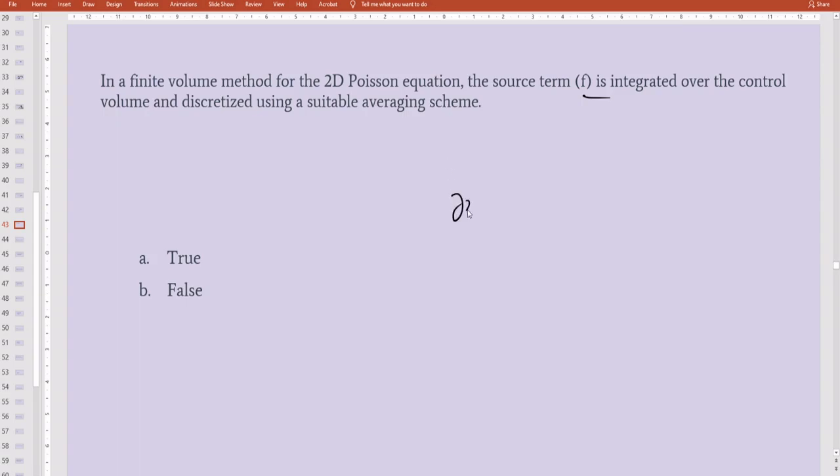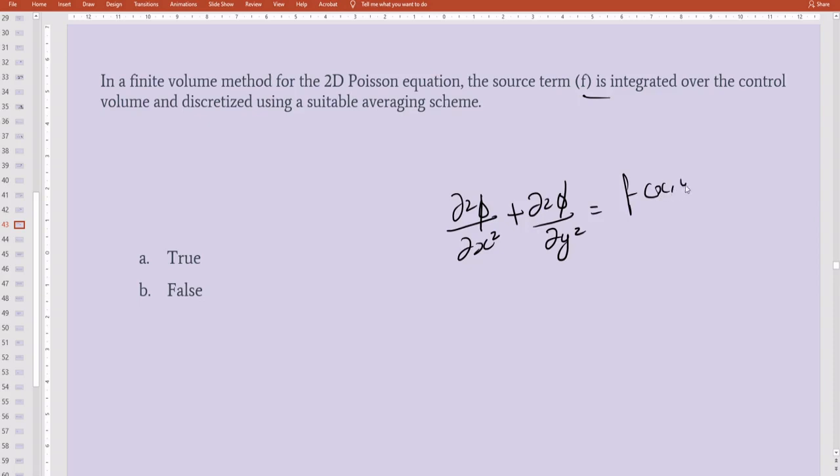The Poisson equation is ∂²φ/∂x² + ∂²φ/∂y² = f.